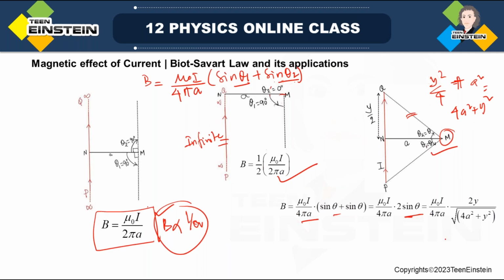So 2 gets cancelled actually. So this is the formula when this is on the perpendicular bisector. So we have got the formula.